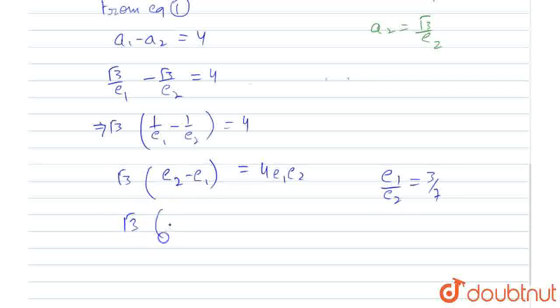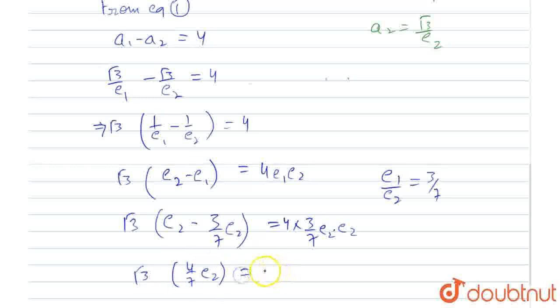So root 3 into E2 minus 3/7 E2 is equal to 4 into 3/7 E2 into E2. That becomes root 3 into 4 upon 7 E2 is equal to 12 upon 7 E2 square. We can cancel out the 7.